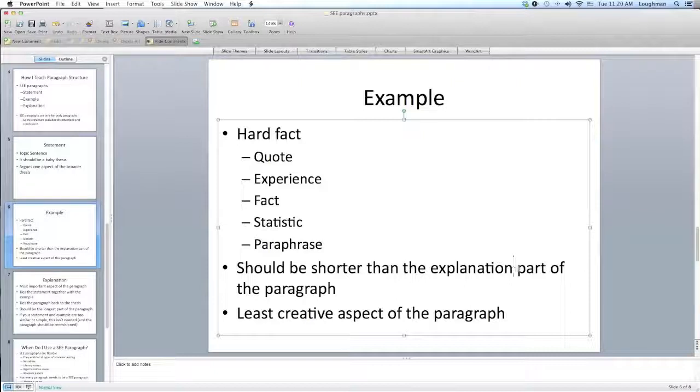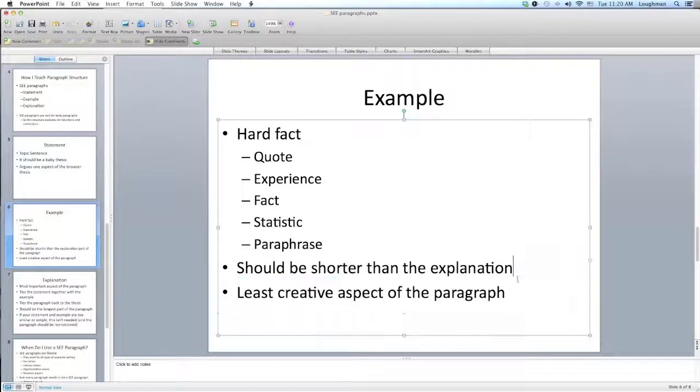This is not your opinion. The example is not your opinion. It's hard fact. But this example, the fact, the quote, is going to help prove the topic sentence. It doesn't prove it on its own, but it's going to help to prove it. And in a sense, it's the least creative aspect of the paragraph, again, because it's not your opinion.